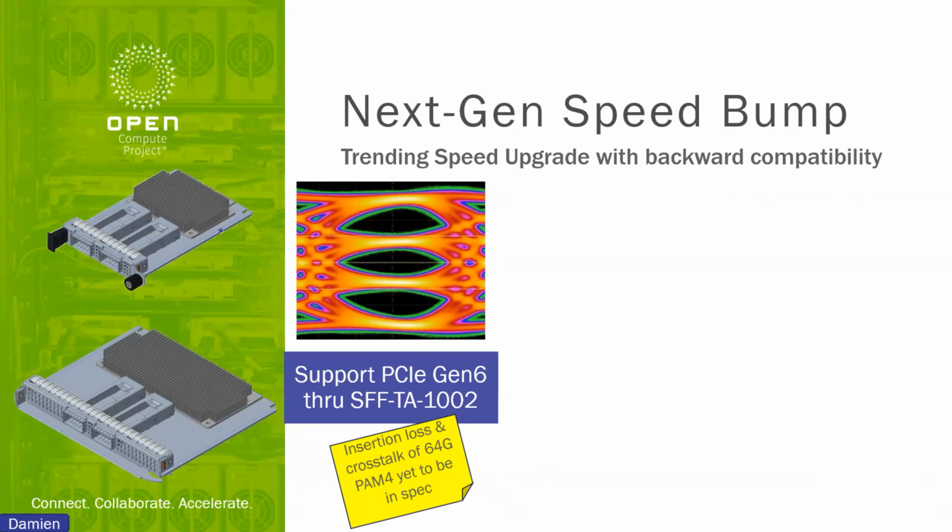So the insertion loss and crosstalk for 64G PAM4, which is what Gen 6 is using, is yet to be in the spec. However, we do have enough members in the OCP NIC subgroup who are members of SNIA to make this modification once we align on what is the crosstalk guidance we would like to implement in the SFF-TA-1002 spec.